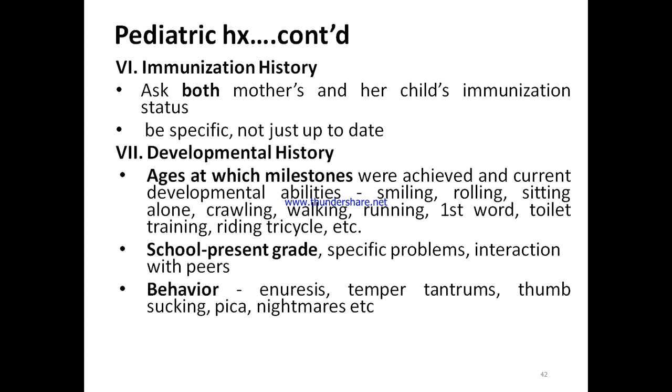What's the behavior of the pediatric age group or child, like enuresis, or involuntary loss of urine at night, or aggressiveness of the child, or sucking of thumbs, or desiring unusual foods, like eating soil, sometimes nightmares, which are behaviors that may indirectly indicate psychological impairment of the newborn.